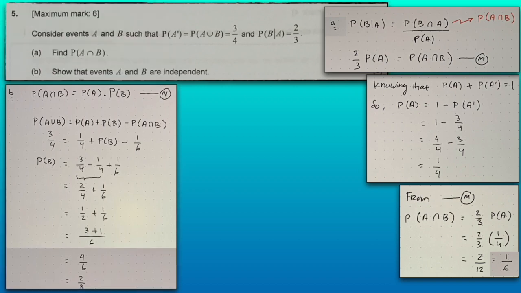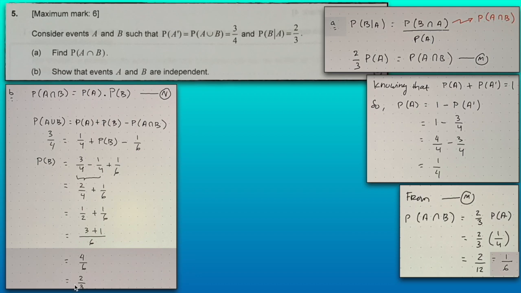This is the formula for a combined event to help us find P(B). We substitute P(A union B), given up here as 3 over 4, which is equal to P(A), 1 over 4, the one that we calculated before, plus P(B), which we don't know yet, subtracted by P(A intersection B). Calculate P(B).